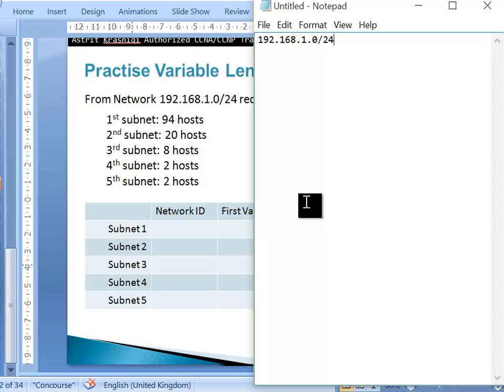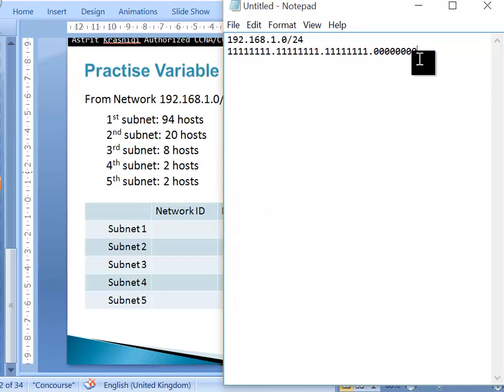Now /24 looks like this: 1 2 3 4 5, not too fast, 1 2 3 4 5 6 7 8 9 10 11 12 13 14 15 16 17 18 19 20 21 22 23 24. And there are 8 zeros, 1 2 3 4 5 6 7 8. The reason there are 8 zeros is because it's IPv4. IPv4 is 32 bits. Now you have 8 zeros that you can manipulate.